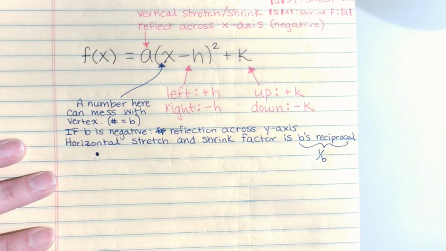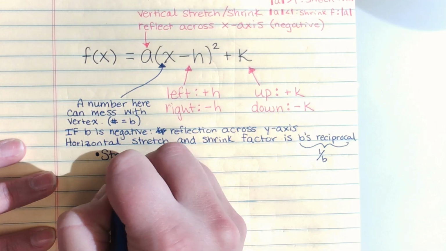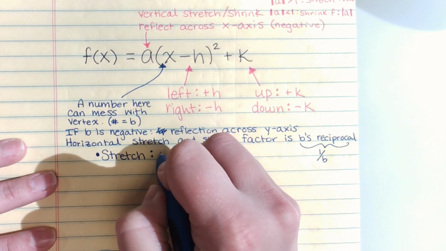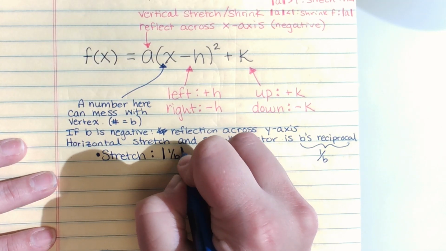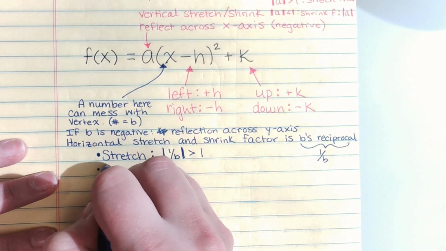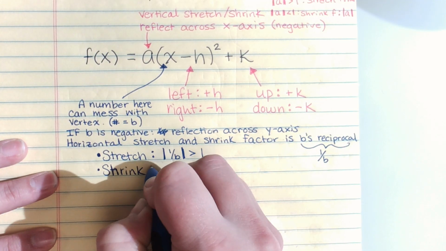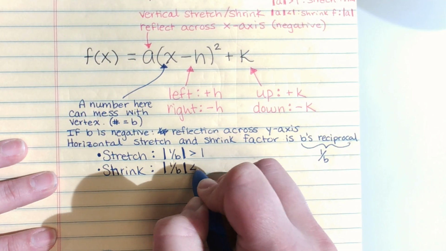And to figure out horizontal stretch or shrink, you have to look at the factor. The stretch happens when that reciprocal is greater than 1. The shrink happens when that reciprocal is smaller than 1.